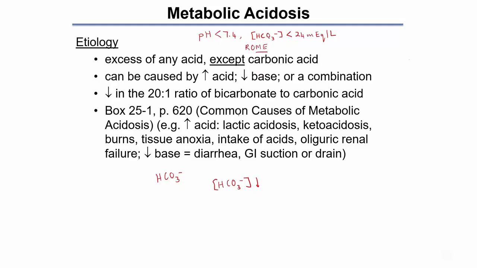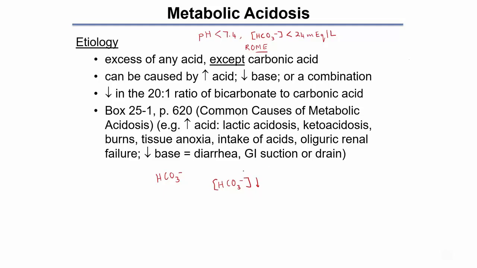As pH starts decreasing, bicarbonate levels are also decreasing. In fact, the causal relationship runs the other way. As bicarbonate levels start decreasing, pH starts decreasing as well. So that's how diarrhea can lead to metabolic acidosis, when you lose all that bicarbonate in the intestinal juices. So that's one way.